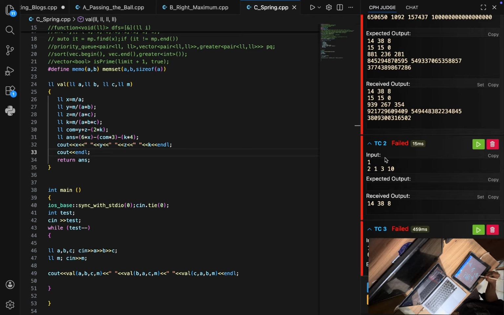There is no common part. 20 into 15 into 6. Too large.